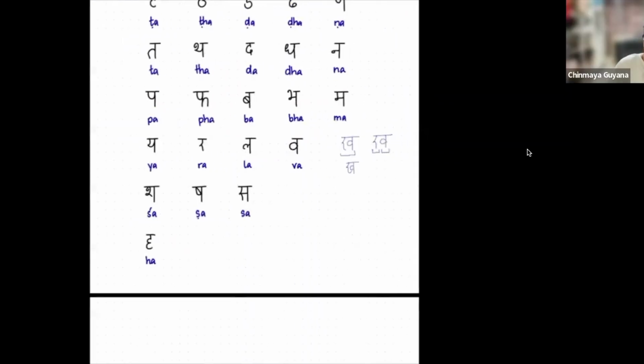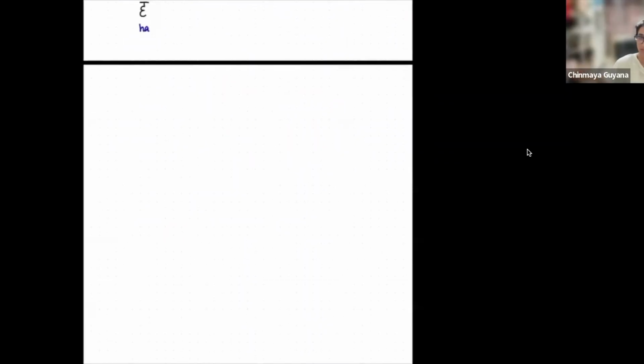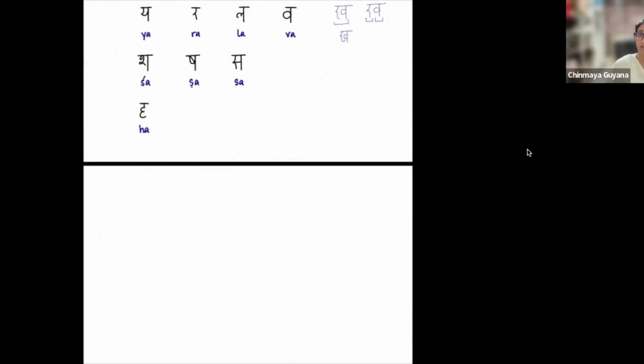Okay. Homework. Everyone knows what the homework is. These eight letters, you write them with the vowel symbols, meaning you write ya, halant, then you write ya, yaa, yi, yee, you. Actually, you cannot write it with the R, right? It's too hard. It doesn't exist also.